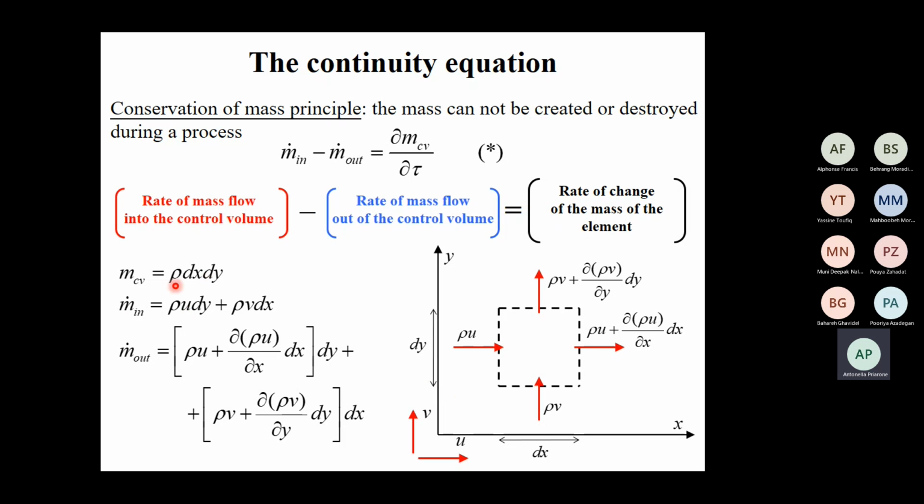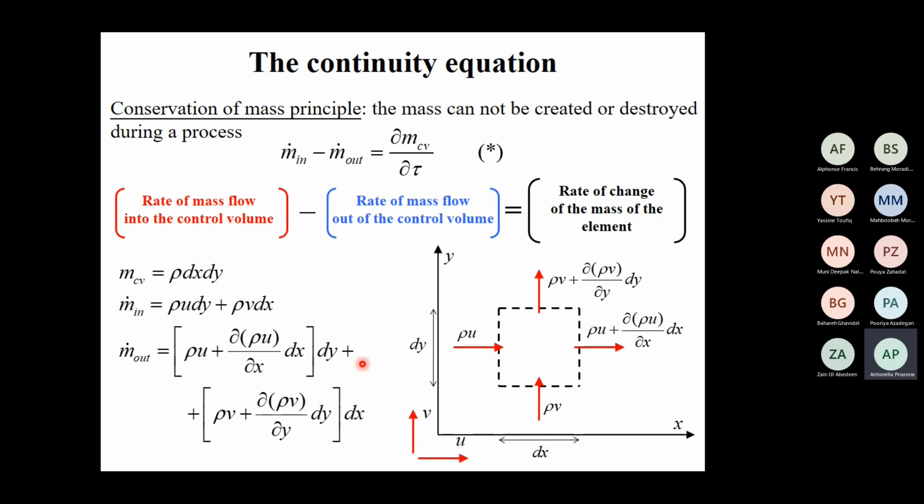So the inlet is this one because it's density, velocity, area. dy is the area, remembering that I consider 1 as thickness in the other direction. The same as an inlet contribution for the other direction, for the direction y. Rho, v, that is the velocity, dx is the area normal to the motion of the fluid, dx by 1.